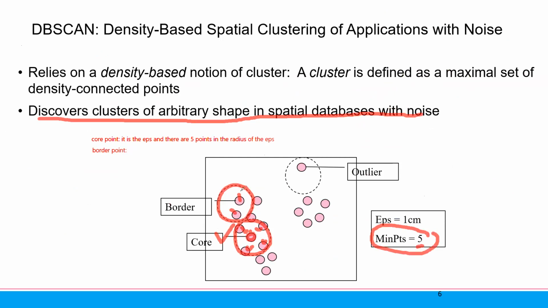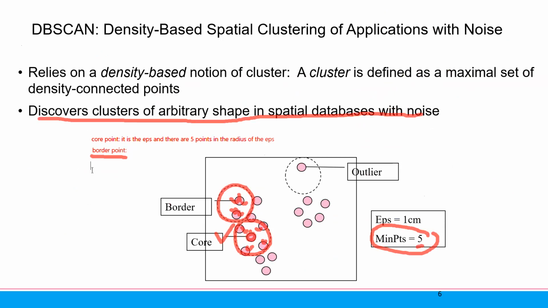So in the surrounding area, we have only 2 points: the point itself and another point. Is it okay? Not okay. But at least it is not the only point, so we still have another point. That's what we call the border point.